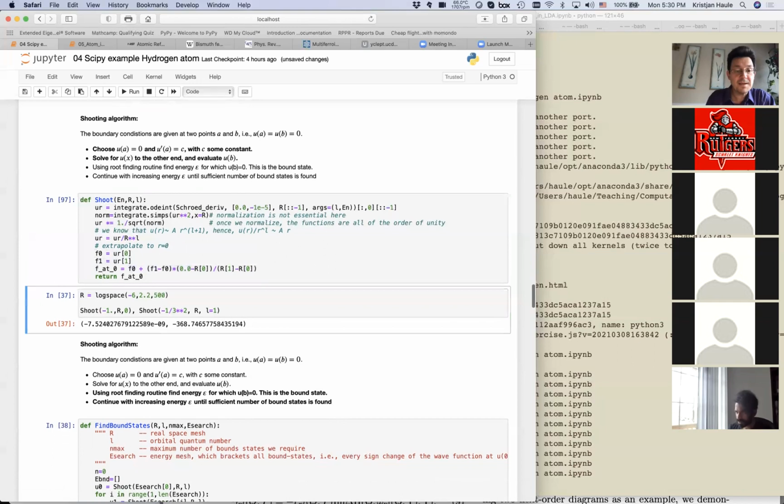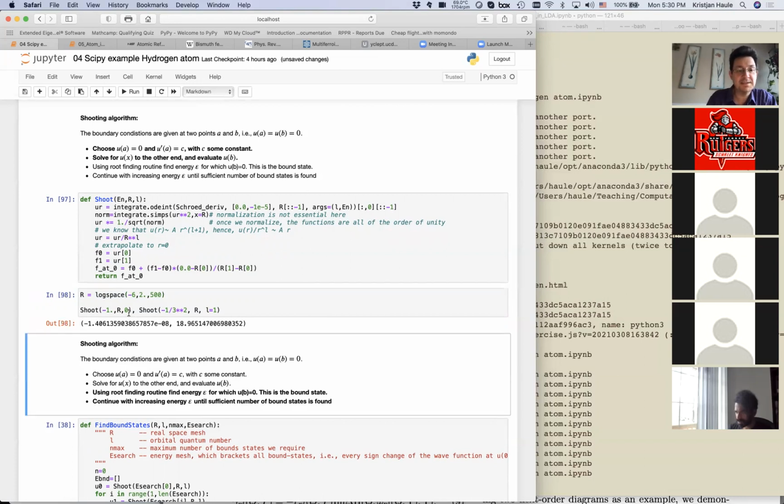Okay. Now we take the same mesh that we used before, a logarithmic mesh from 10 to the minus 6 to 10 to the power of 2, 500 points. Then we shoot with this R for the 2 cases that we had before, which is energy is -1 and L is 0.